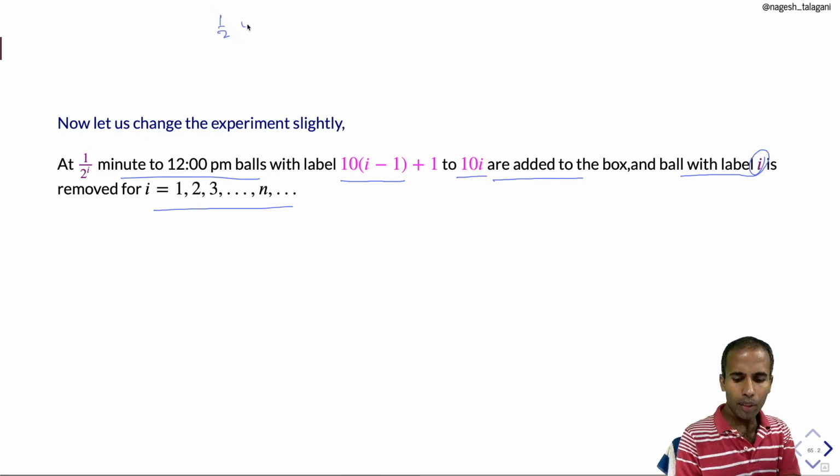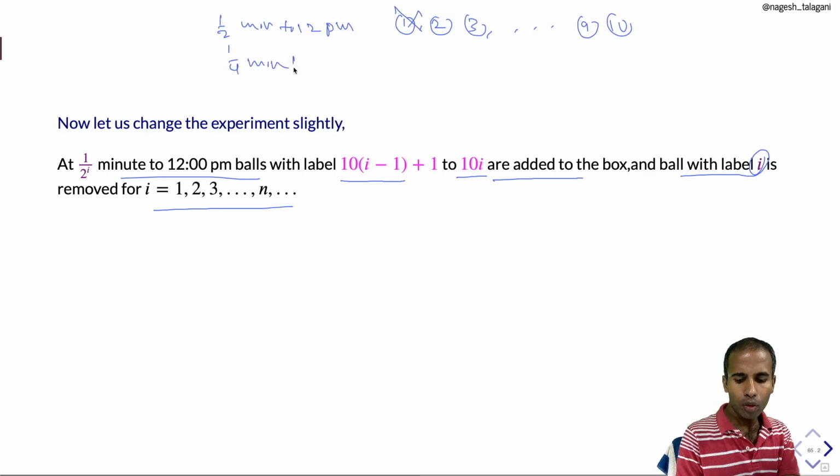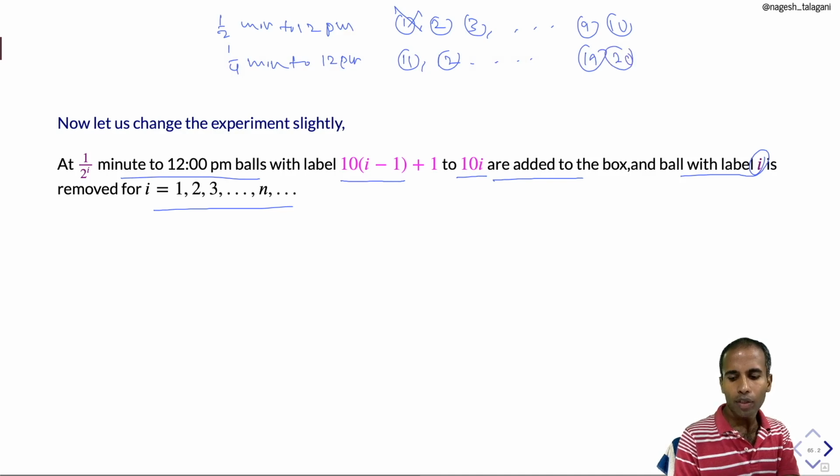At 1/2 minute to 12 pm, balls with the labels 1, 2, 3, and so on up to 9, 10 are added to the box, and the ball with the label 1 is removed. At 1/4 minute to 12 pm, balls with the labels 11, 12, and so on up to 19, 20 are added to the box, and the ball with the label 2 is removed.